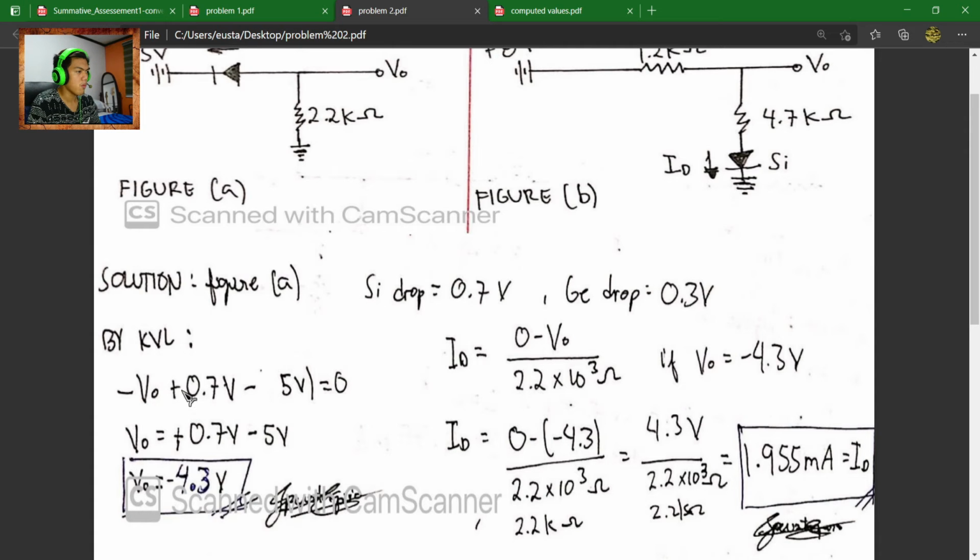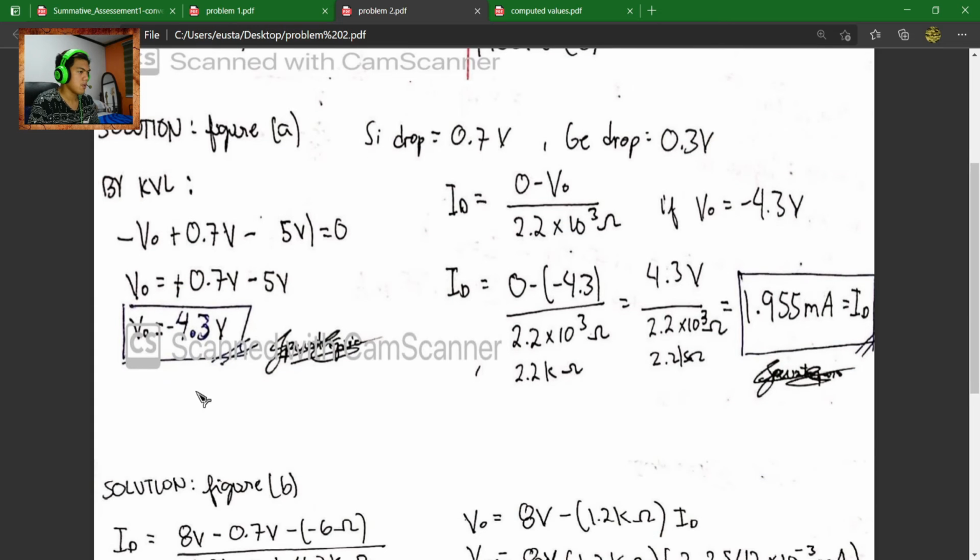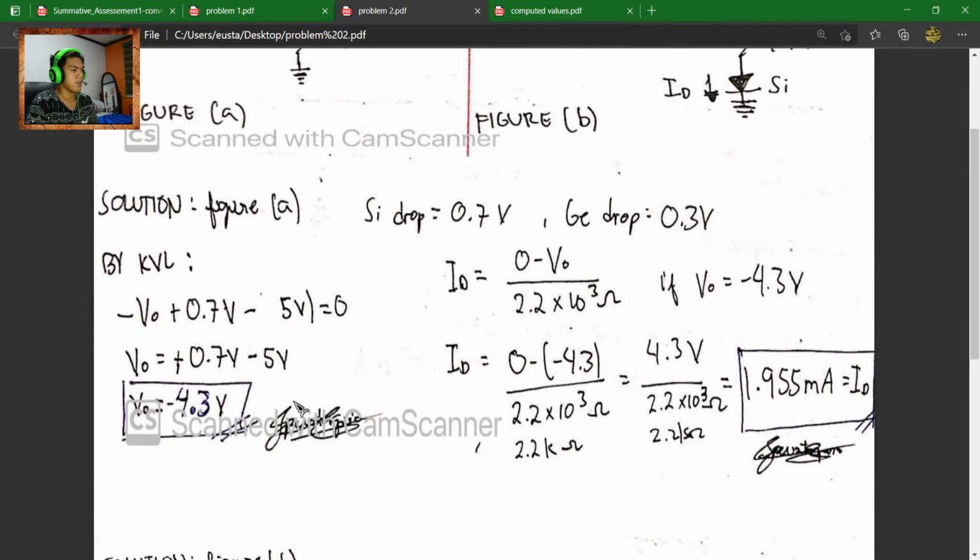Negative VO plus 0.7 volts minus 5 volts equals 0. Transpose negative VO to the right side and change the sign. VO is equals to positive 0.7 volts minus 5 volts, which is negative 4.3 volts for my computed value.